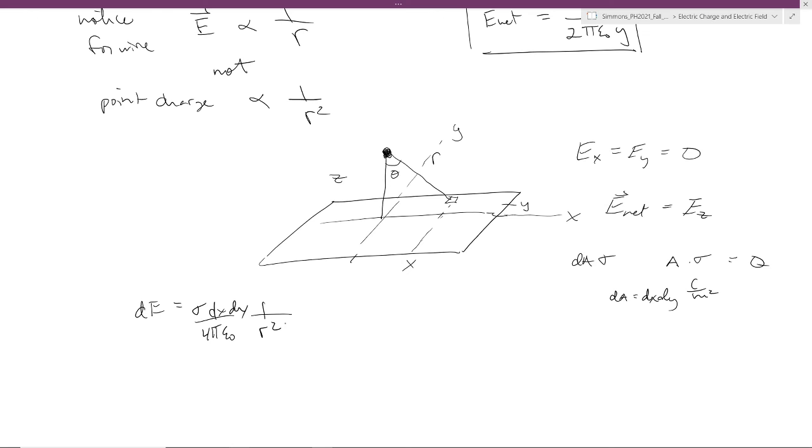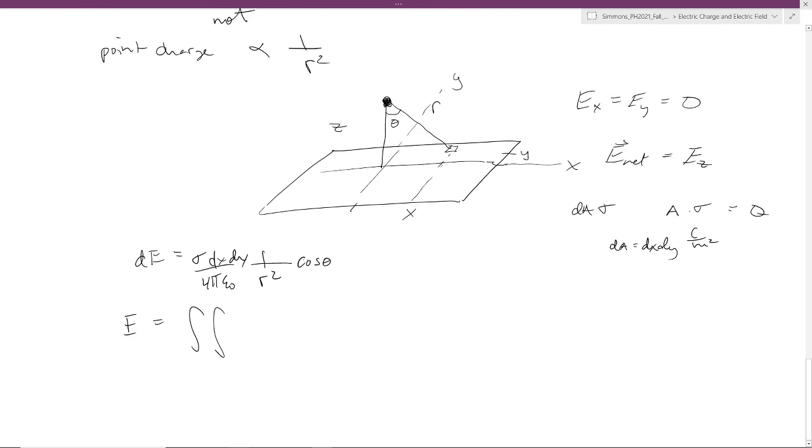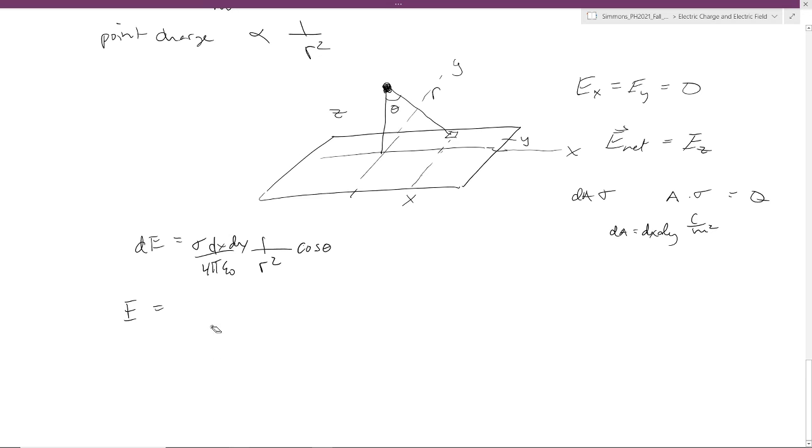And it's the same situation, so we're going to pick up a factor of cosine theta. Now our integral becomes a little bit more complicated because we need to integrate over both x and y. It's just going to be the z contribution.